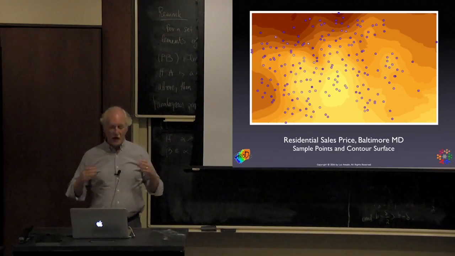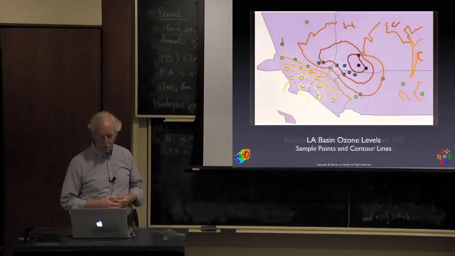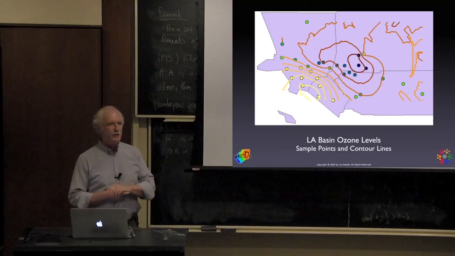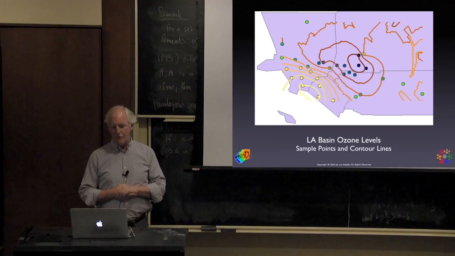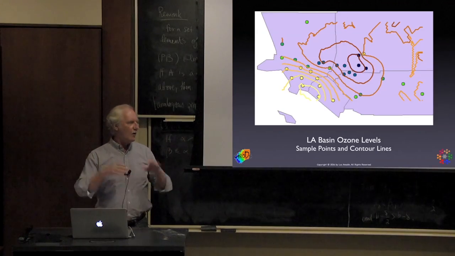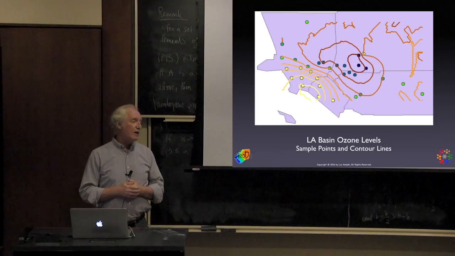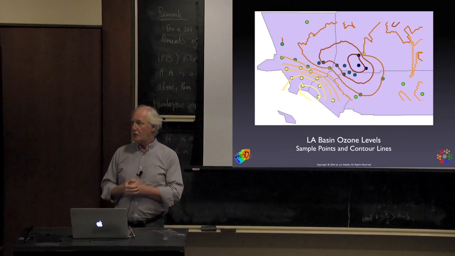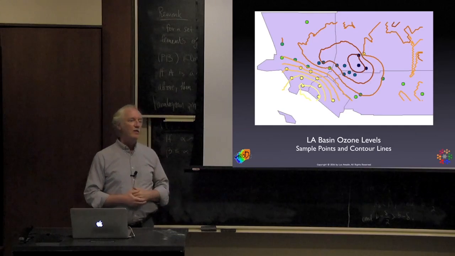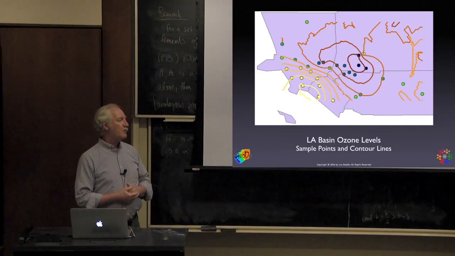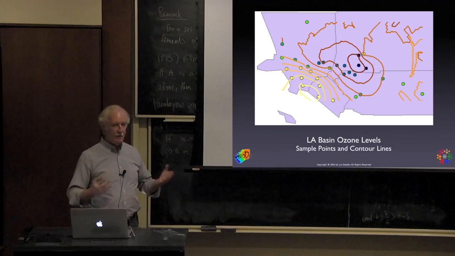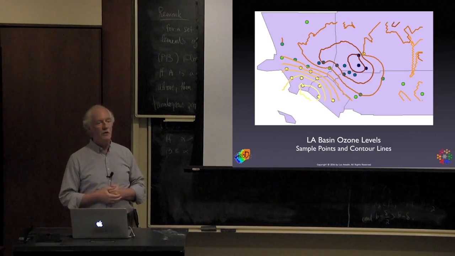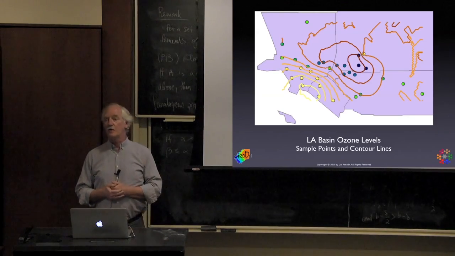Or if you have kind of, this is a problem that I actually worked on. LA Basin, you have a 30-some monitoring stations. You have ozone, PM10, all that stuff. So if you're looking at house prices and you argue that environmental quality is somehow capitalized into the value of a house, then the house prices should somehow reflect that, right? And economists call this a hedonic model. You put the characteristics of the house in the equation, including air quality.